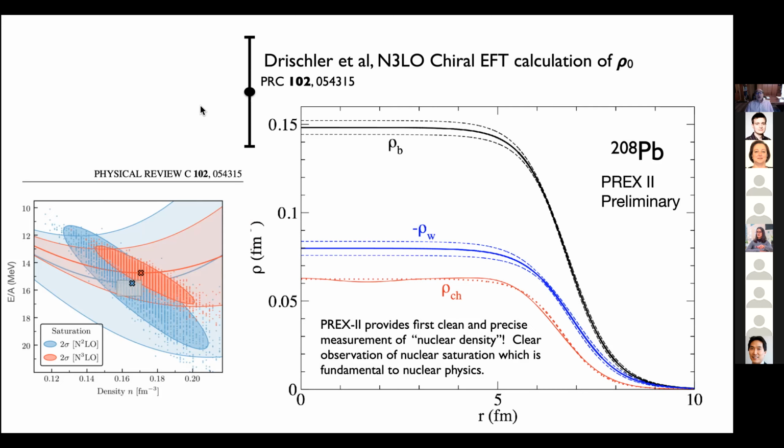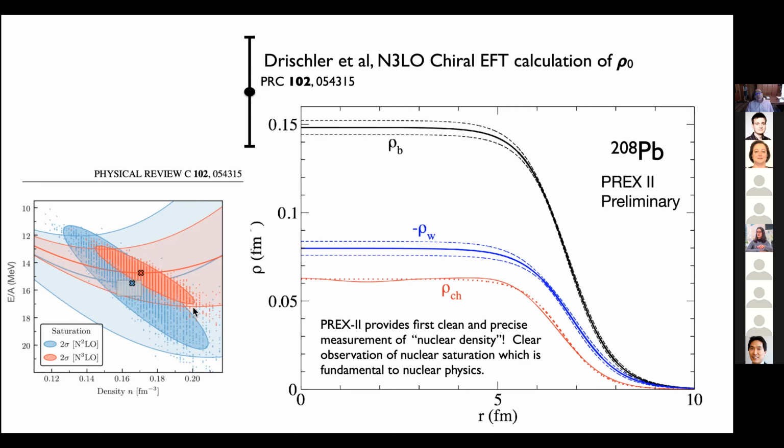Great, so the Drischler et al. is a chiral effective field theory calculation of the energy of symmetric nuclear matter versus density. The red is an N3LO calculation. And this ellipse here is the inferred error ellipse for the saturation density and binding energy of infinite nuclear matter.